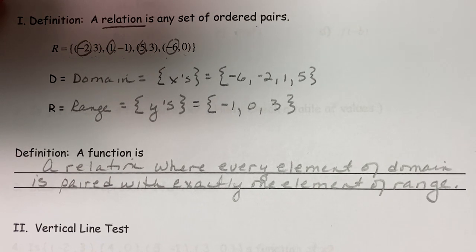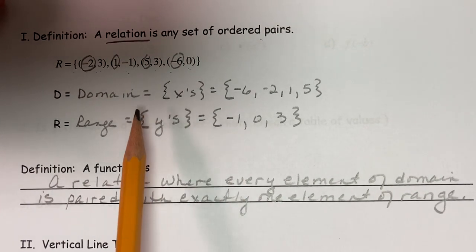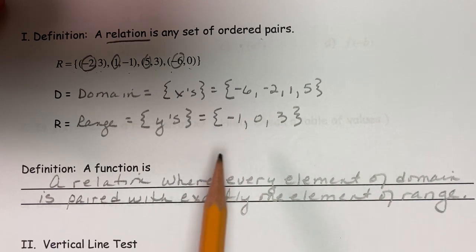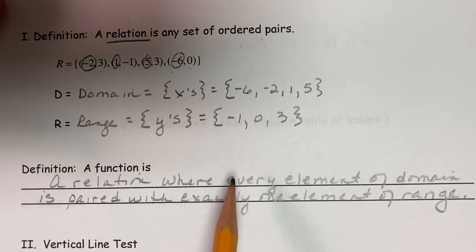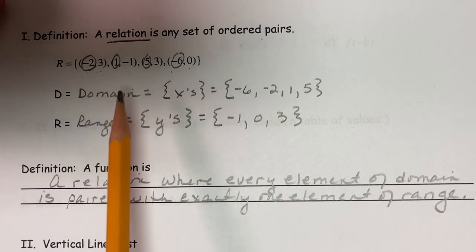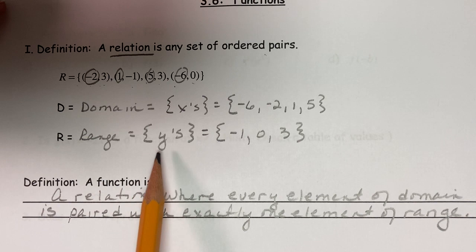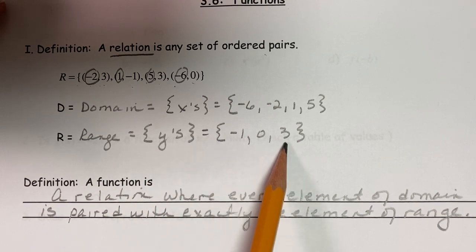So think of it this way. If I have a function, it means that none of the domain can repeat. Remember in this relation I had here, I had a range that repeated. That's okay.